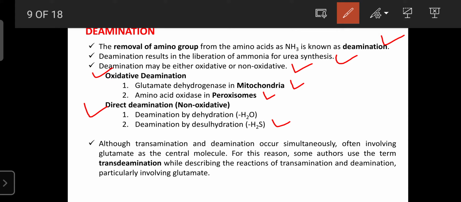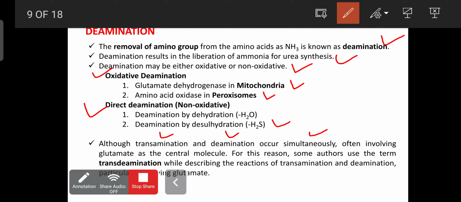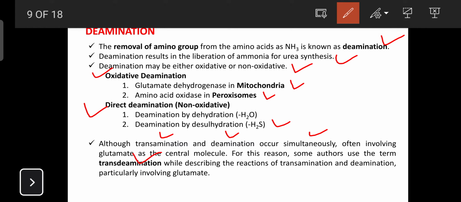And here one thing to notice: both transamination and deamination occur simultaneously at the same time in the same site. When transamination occurs, at the same time deamination occurs. Such reactions, where transamination and deamination occur simultaneously, are known as transdeamination.